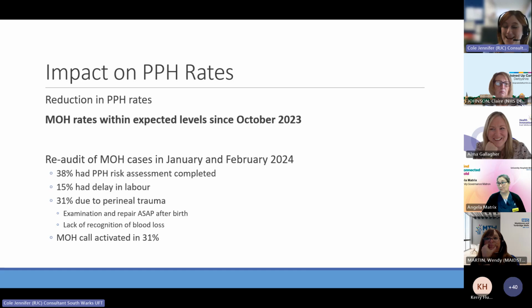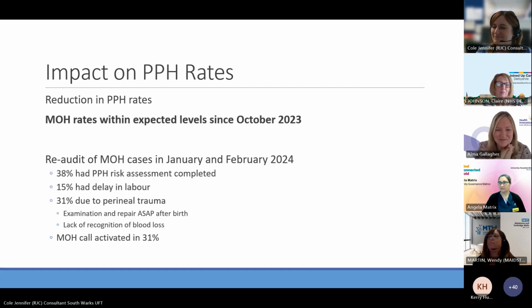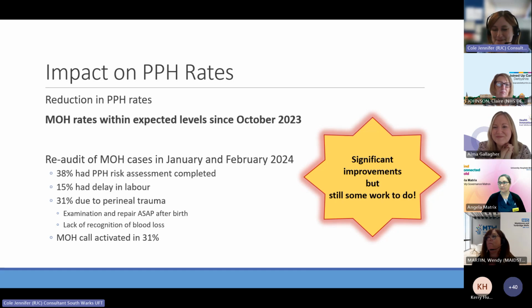So part of what we're going to have to go back to them with is a bit more reassurance, to say, no, actually, we're using it more appropriately now. And also, please expect this number to increase further, because that's made a big worry for them. So I thought that was very interesting. Yeah, we have seen that side effect of change. So, like I say, significant improvements, but as always, still some work to do.